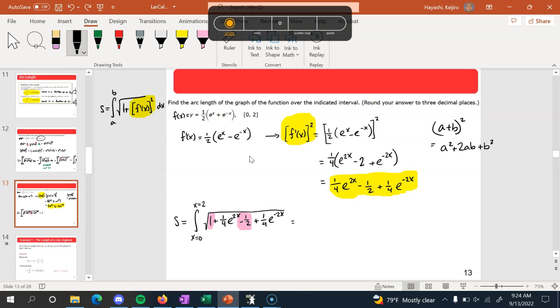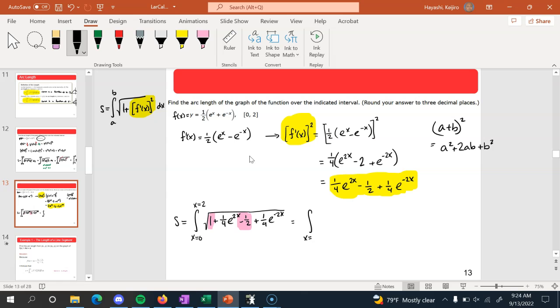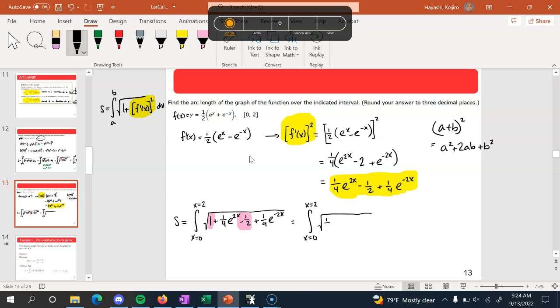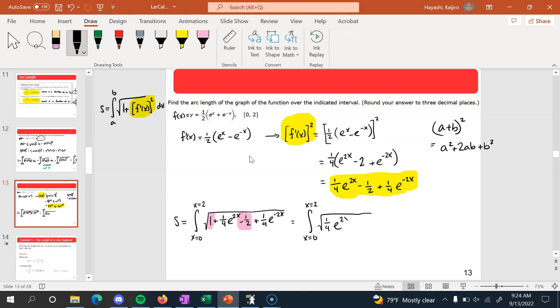And I'm going to arrange it in a particular way, in a way that mirrors what the original one looked like. So I'm going to have 1/4 e to the 2x. 1 plus -1/2 is going to be positive 1/2 plus 1/4 e to the -2x.